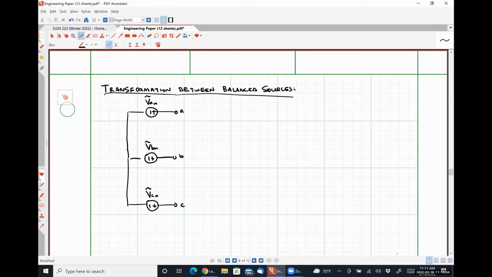And let's consider the case where VAN is equal to some phase voltage magnitude with an angle of 0 degrees. VBN is that same magnitude with an angle of negative 120 degrees.